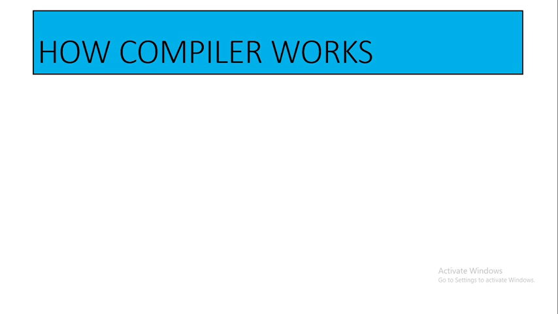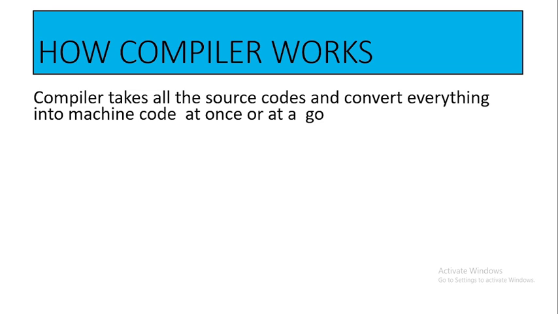So let's look at how a compiler works. The instructions that we write using high-level languages are known as source codes. So the instructions we write using high-level language are known as what? Source codes. The compiler takes all these source codes and converts everything into machine code at once, or at a go. What could have happened is that the compiler picks the instructions one after the other and converts each instruction to machine code.